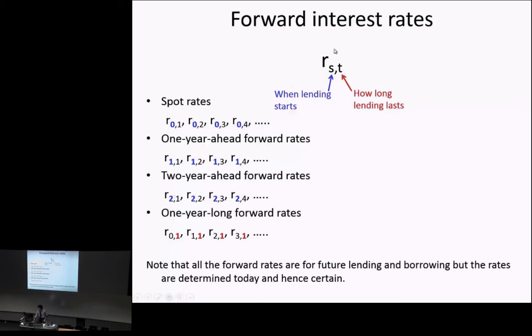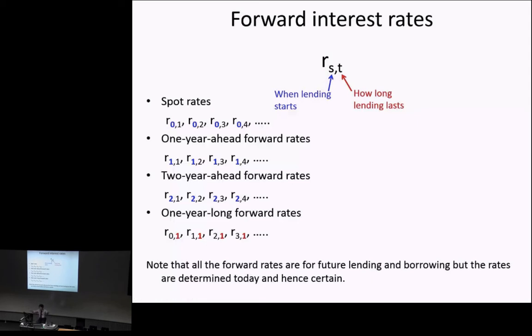Let us introduce some notations. For this week, all interest rates have 2 subscripts. The first subscript indicates when the lending starts, and the second subscript represents how long the lending lasts. In week 3, all the interest rates were for lending and borrowing that start immediately.